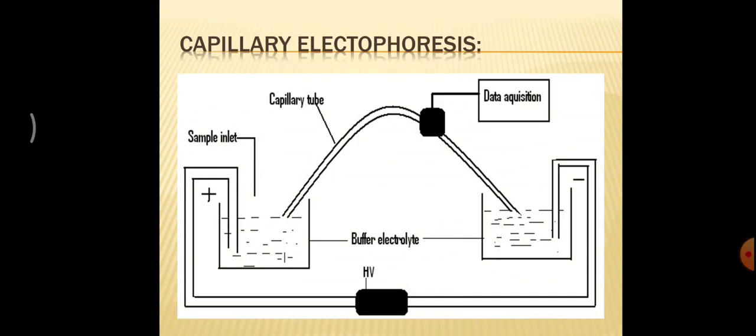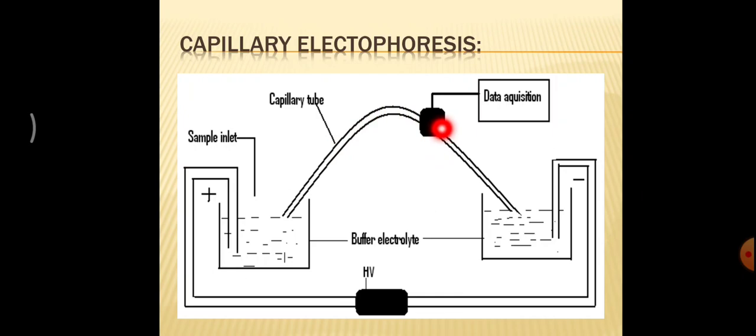Next is capillary electrophoresis. As the name indicates, we are using a capillary here for the separation of analyte molecules. The length of the capillary commonly used varies from 40 to 100 centimeters.